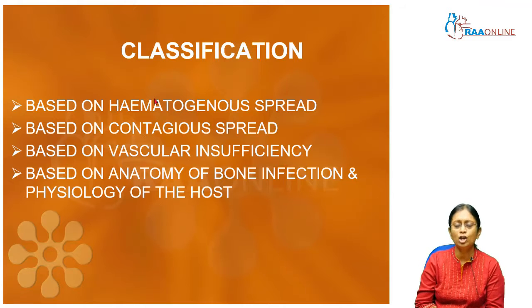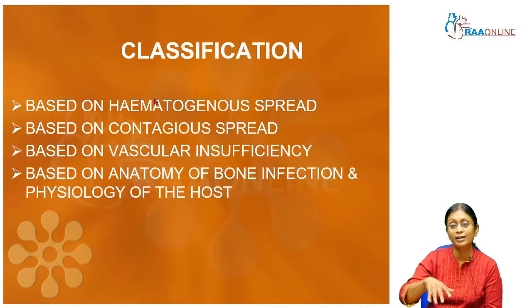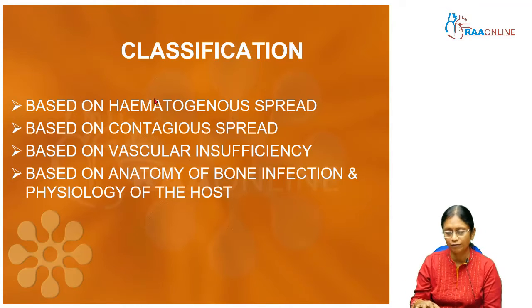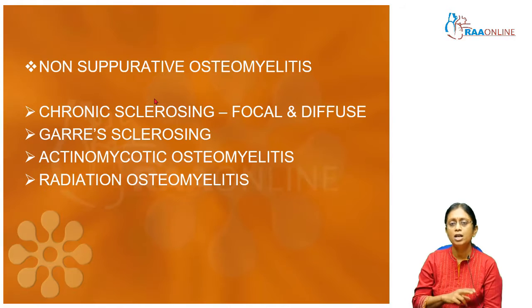So, based on the hematogenous spread, the contiguous spread or direct spread, or vascular insufficiency that is there, it's classified as suppurative osteomyelitis, which is acute and chronic. And chronic can be either primary or secondary, and if it happens in an infant, it's called infantile osteomyelitis.